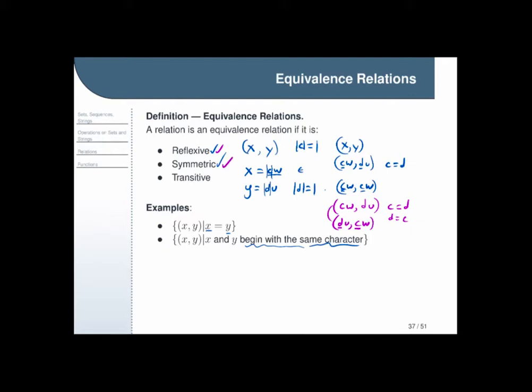And then if we have strings, this one gets a little bit more notation, right? If X is equal to CW and Y is equal to DU, and let's also have Z, we'll make that equal to FV.